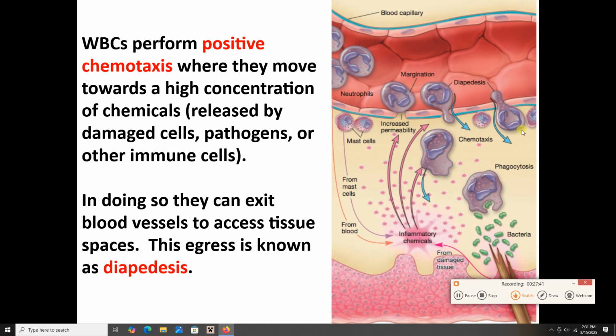So white blood cells can use the bloodstream as a transport system, a highway, but then they can leave the bloodstream. And that exiting, that egress, is called diapedesis. Then white blood cells can move towards chemicals released by damaged tissue, by bacteria, by other white blood cells, and this is going to allow them to congregate, which is crucial for defense.